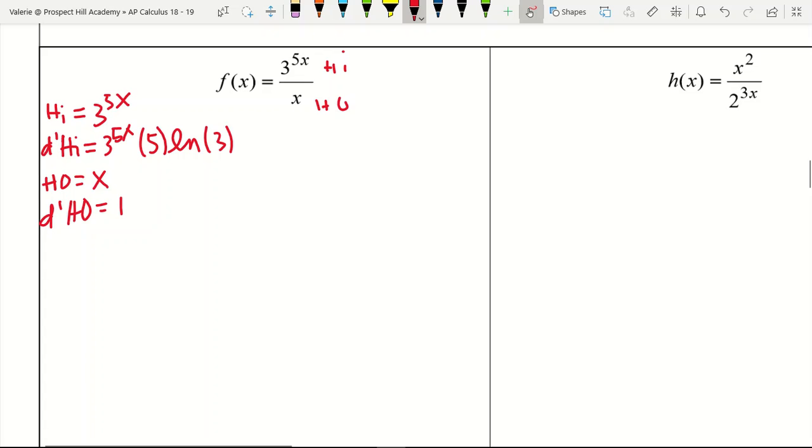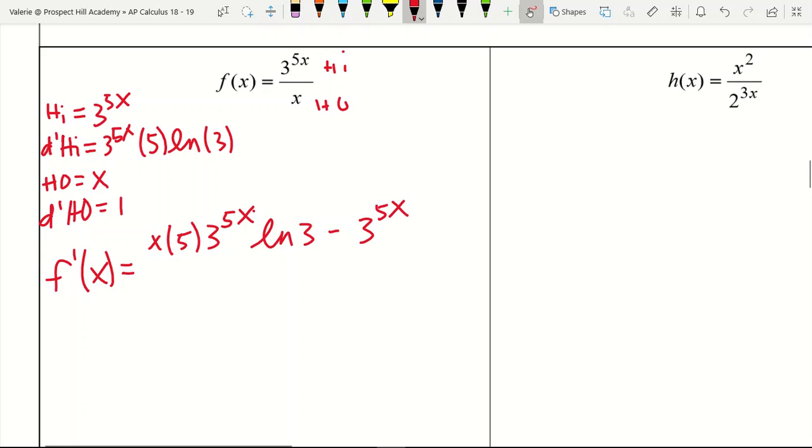And when we use the quotient rule to find this, we know we'll need "low d high", so x times 5, 3 to the 5x ln 3, minus "high d low", which is 3 to the 5x times 1, all over the bottom squared, so x squared.